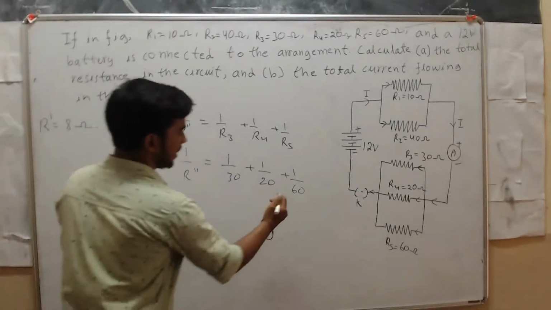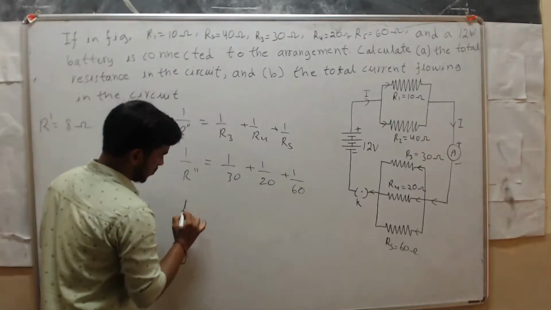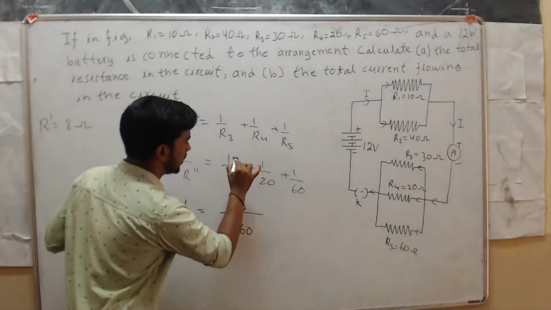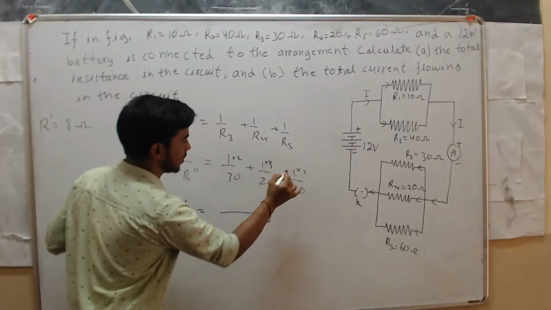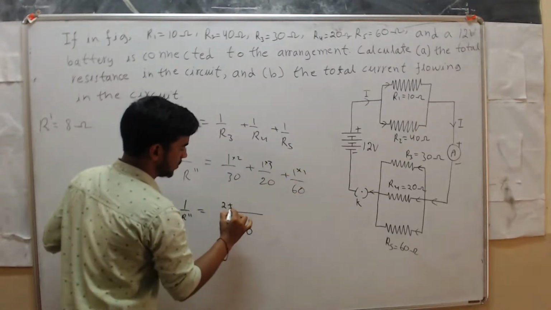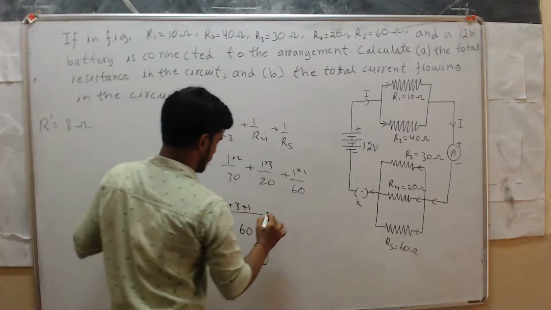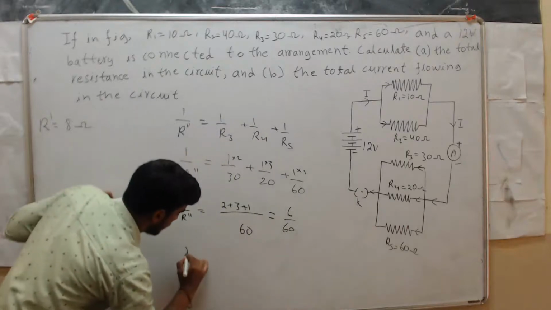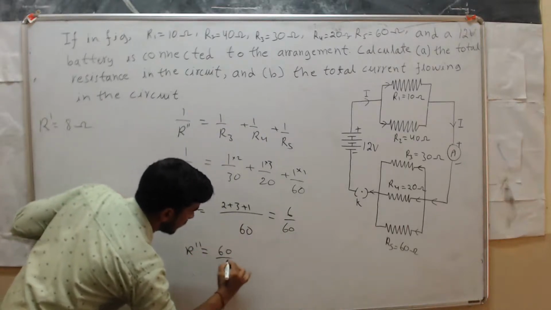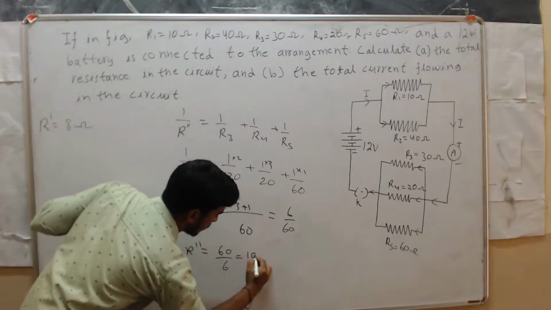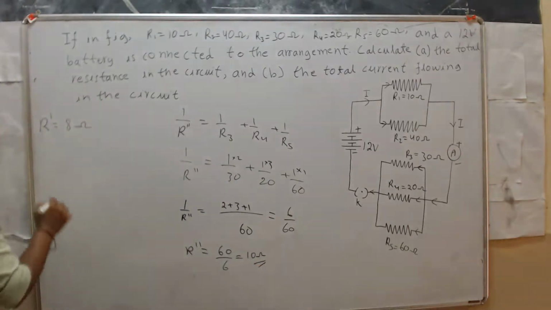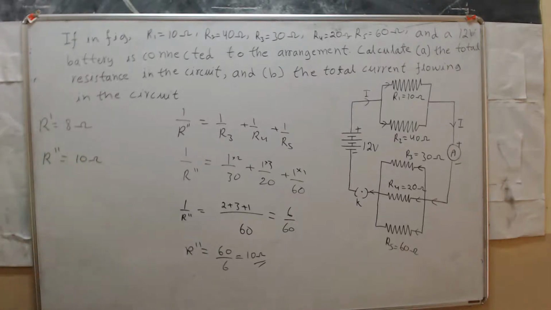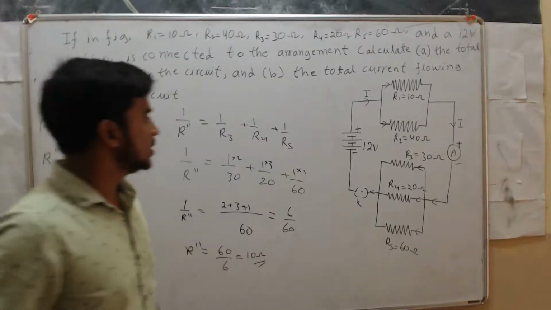LCM is 60. Here you have to multiply 2, here 3 and here 1. So 2 plus 3 plus 1, that is 6 by 60. We need R double dash, that is 60 by 6 equals 10 ohm. R double dash is 10 ohm.